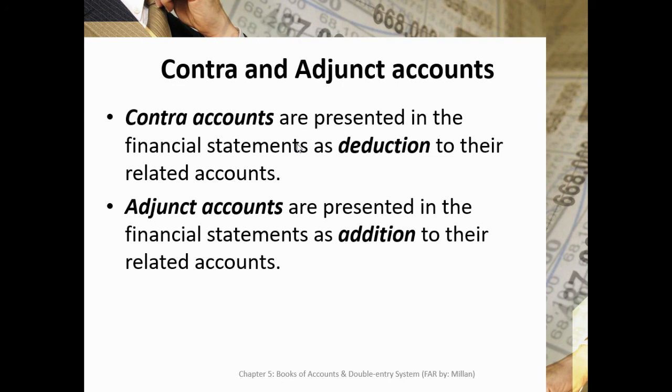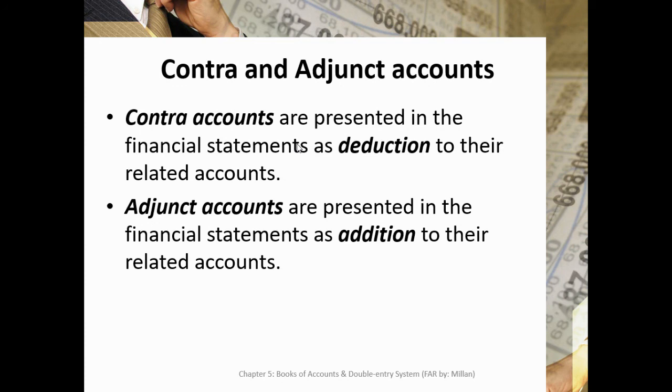So, kung si building, ang normal balance niya ay debit, si accumulated depreciation naman, ang normal balance niya ay credit kasi magkakontra nga sila. Opposite siya. Samantalang sa adjunct naman, kapag ang normal balance niya ay credit, yung adjunct account naman niya, ang normal balance ay credit din kasi mag-a-add sila.